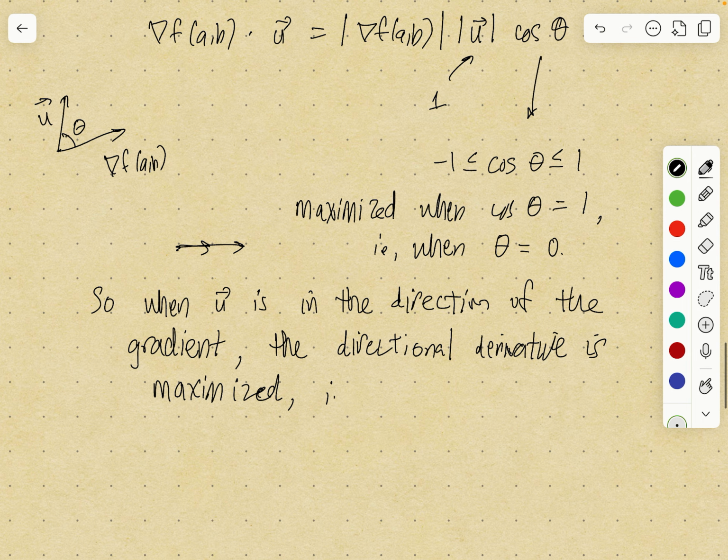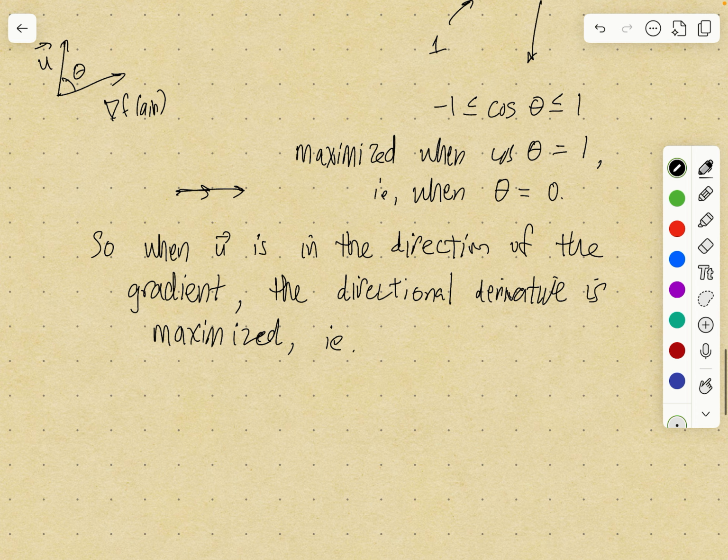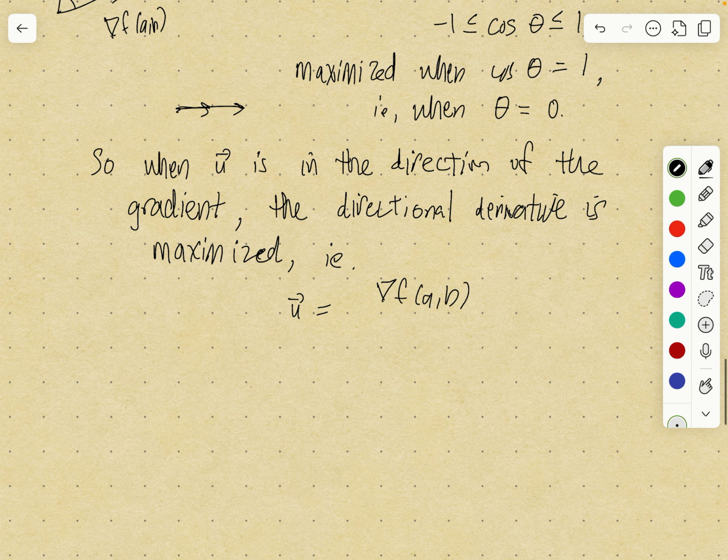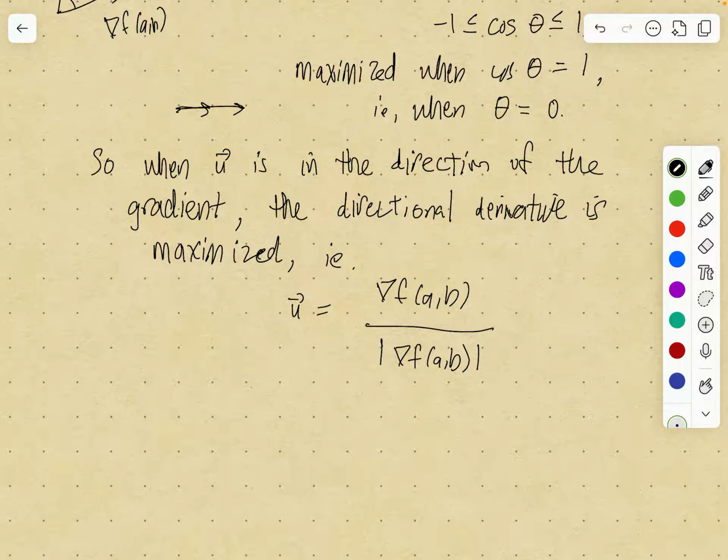So u is a unit vector, so you take the gradient evaluated at a comma b, you get that vector, and then to make it a unit vector, you divide by the length.